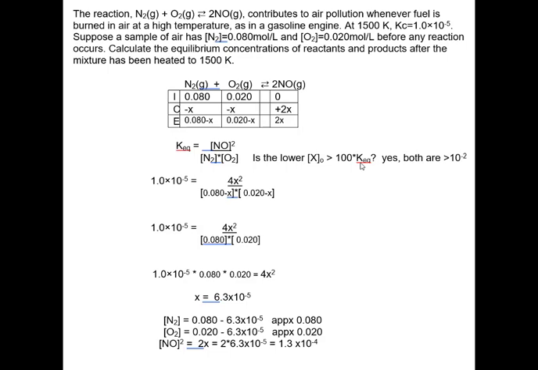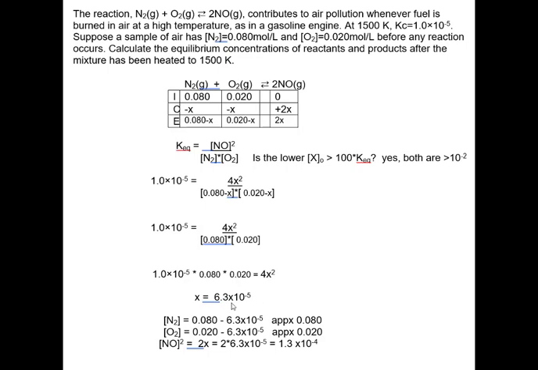And the answer is yes. So that means we could ignore this change, or the loss of the amount of each reactant. So we drop the minus x terms, and it really simplifies the expression nicely. And so now we're left with just this squared term in the numerator. And then we solve for x.